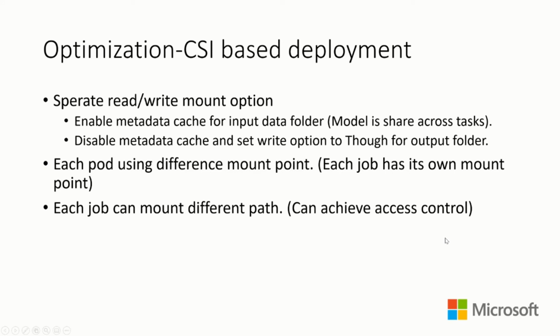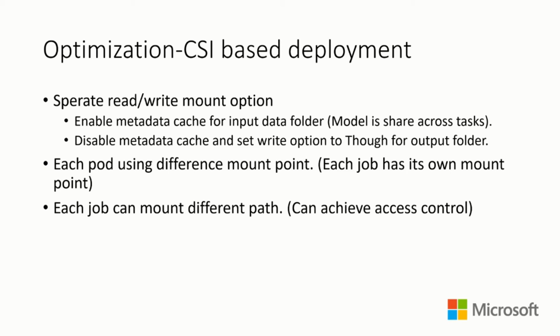This way, you can separate read and write mount options, and fine-tune the Alluxio config to fit the read and write scenarios to make it more efficient. For each pod, it's using different mount points, so it's using a different fuse daemon.